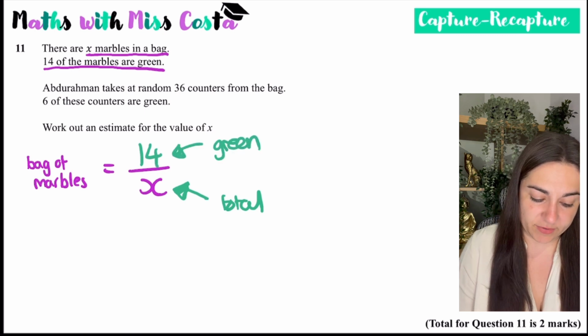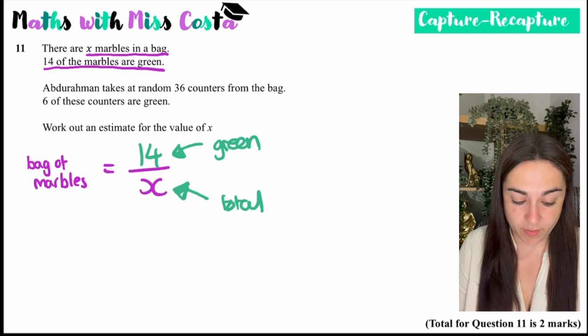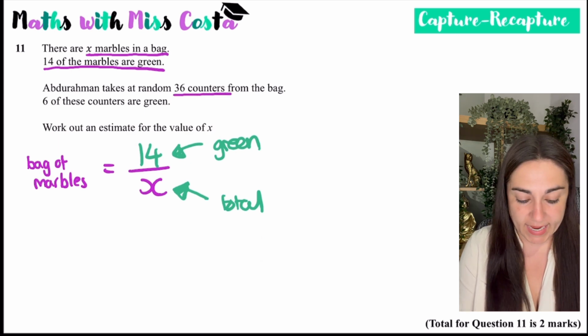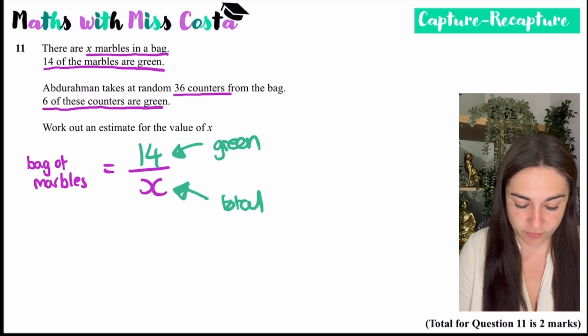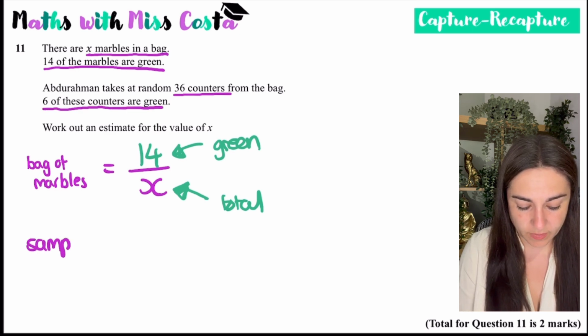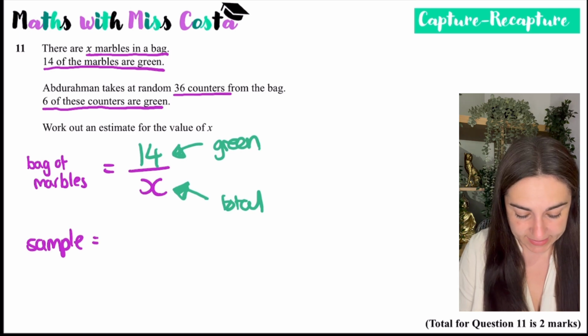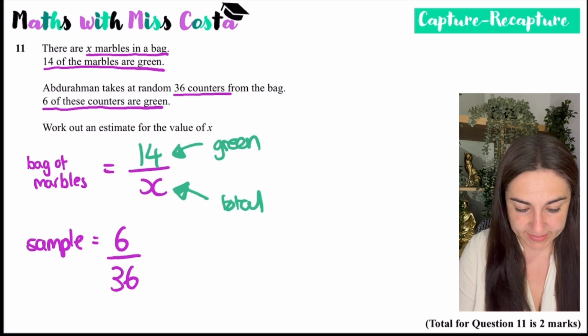The next bit of information I'm told is that Abdurrahman takes at random 36 counters from the bag and 6 of these counters are green. So he's taken a sample, a small selection from the bag, and 6 out of 36 are green.